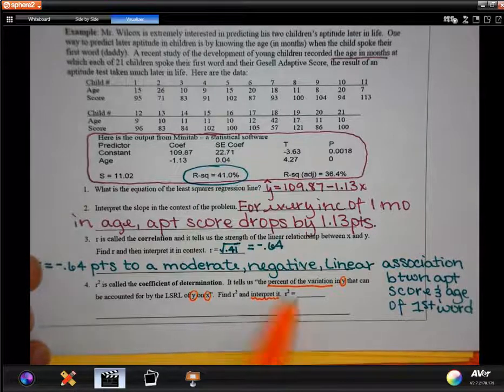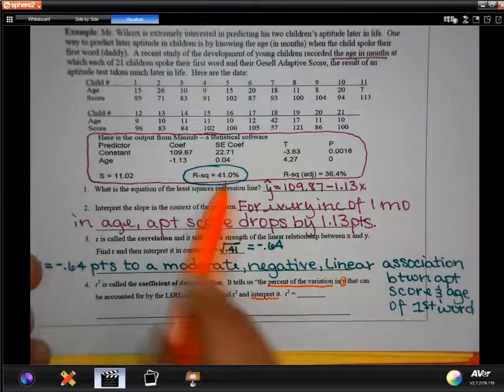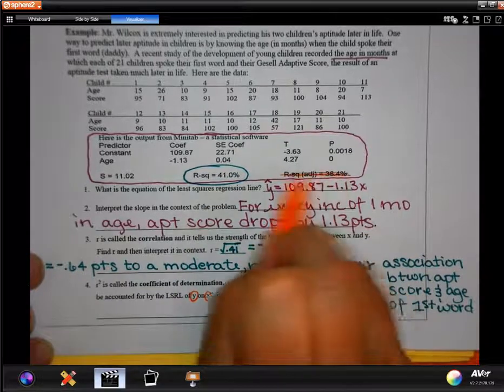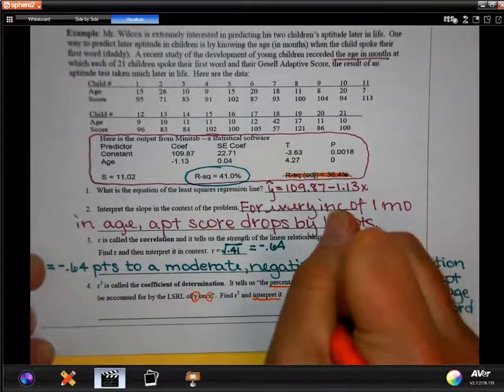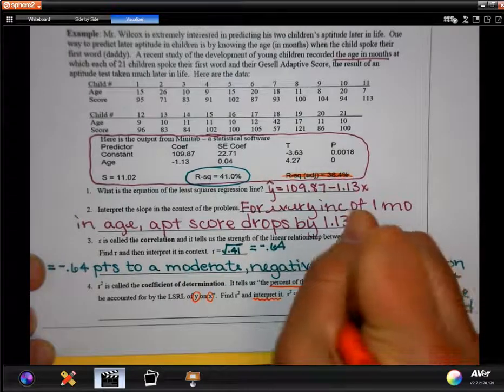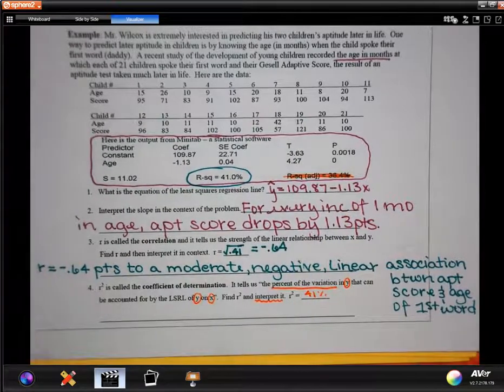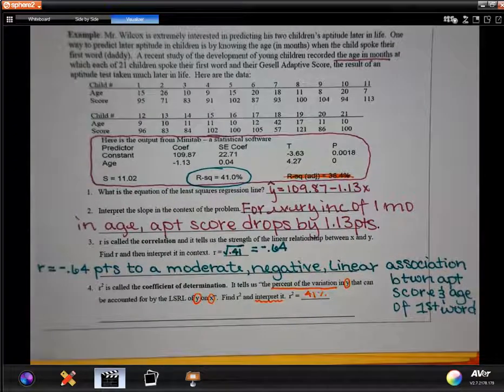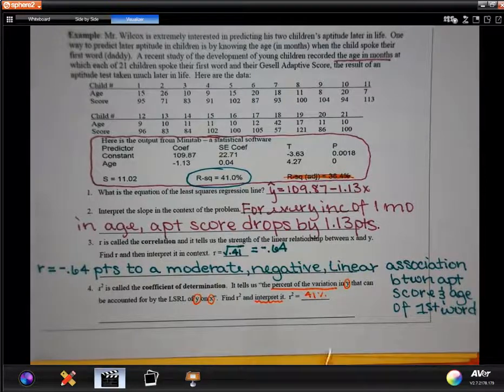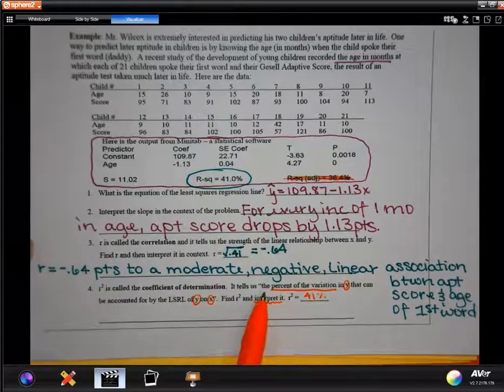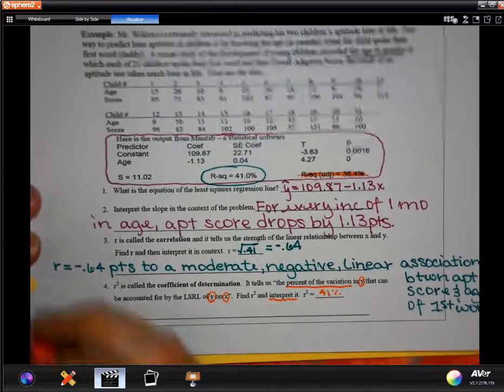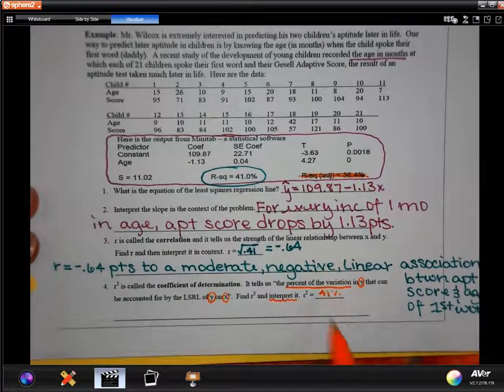So r squared is 41%. Remember, we don't use r squared adjusted in this class. So that's 41%. And then, like I said, I'm just going to take what's in quotations, and that's my sentence frame. So instead of saying the percent of variation, I'm going to take the actual percent.